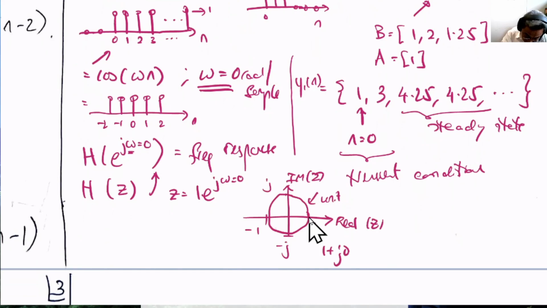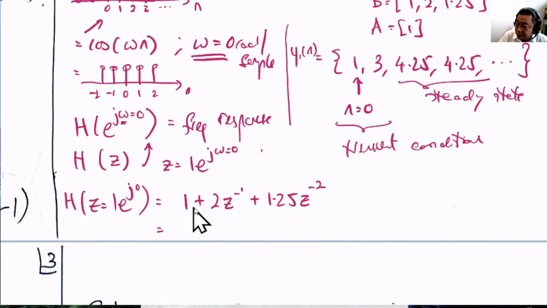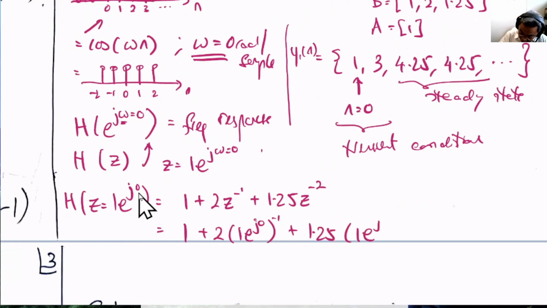Now let's try. We're saying z equals 1·e^j0. When we substitute this into our H(z), let's see what we get. First, let's write down H(z), which is this polynomial of z^-1. Now we substitute z is 1·e^j0, so it is 1 plus 2 times (1·e^j0) to the power of minus 1, plus 1.25 times (1·e^j0) to the power of minus 2.